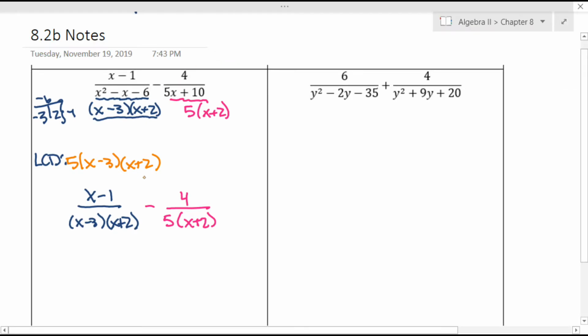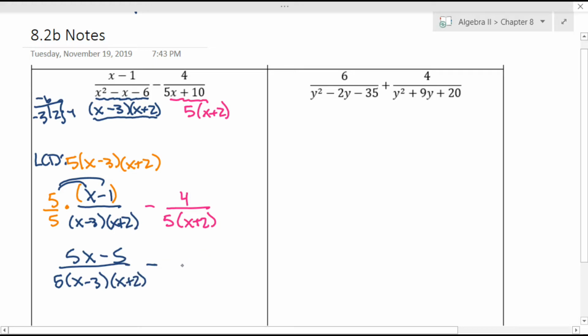The thing that's missing from my LCD on this side is the 5. So we're going to multiply this fraction by 5 over 5, in parentheses like that. When we distribute that out, we get 5x minus 5 on top of our LCD, 5 times x minus 3 times x plus 2.